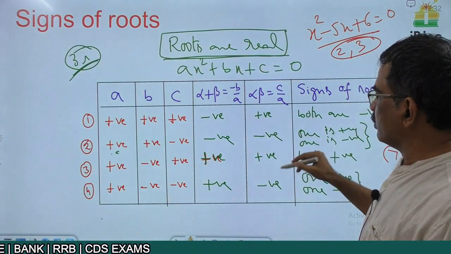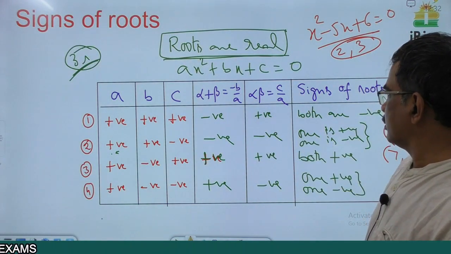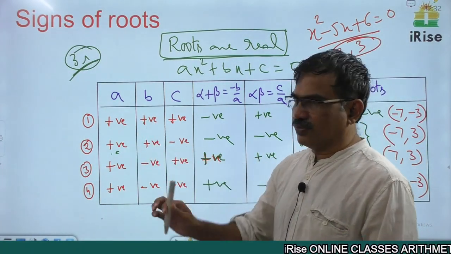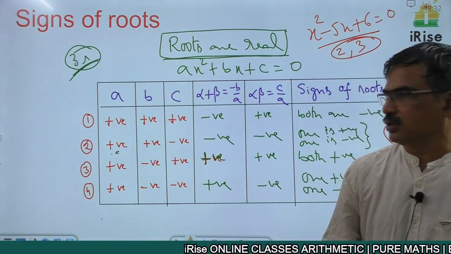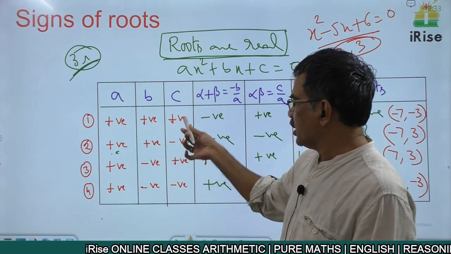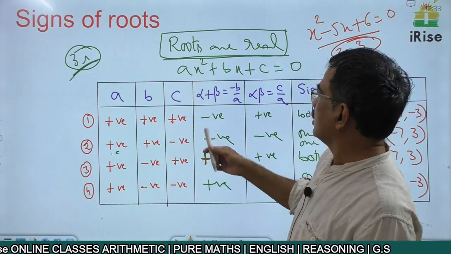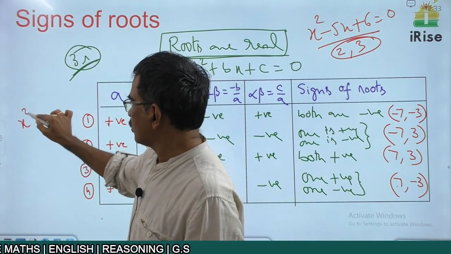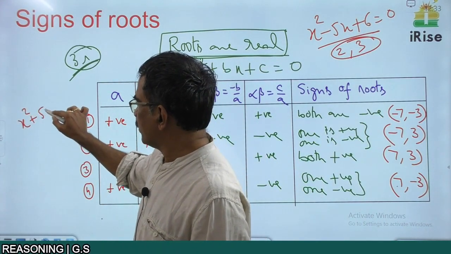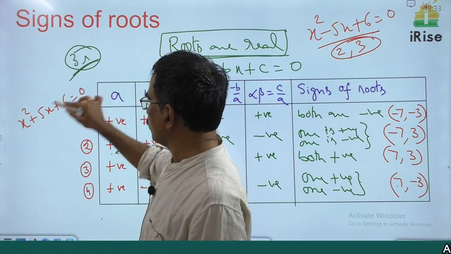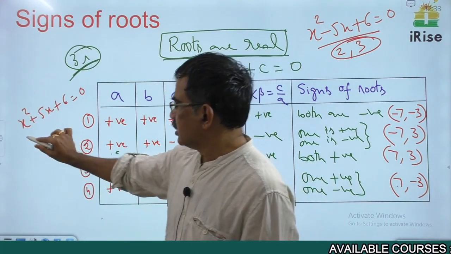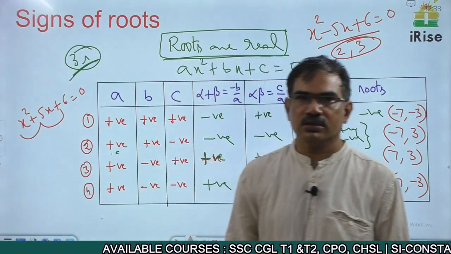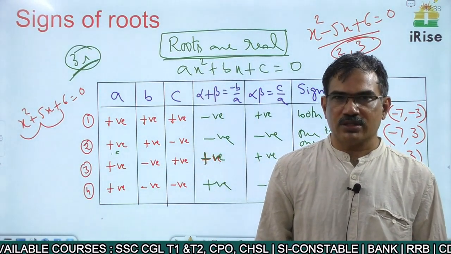And I want to give a simple condition also here, not necessary to write. If roots are real and there is no change in the sign, for example, if this question is given, x square plus 5x plus 6 is equal to 0. Here this is positive, positive, positive. There is no change in the sign of the coefficients.